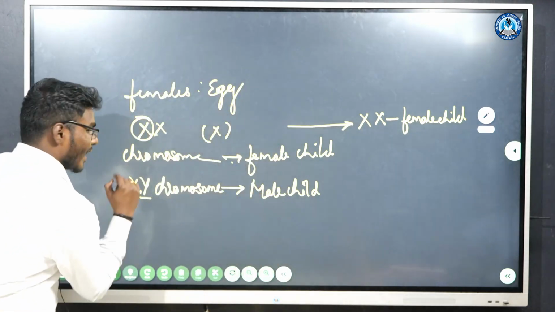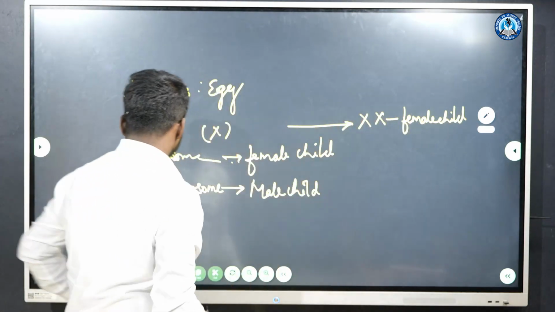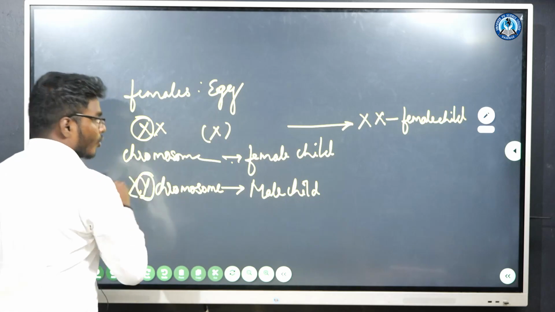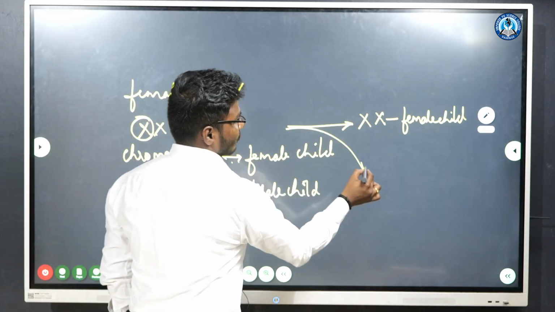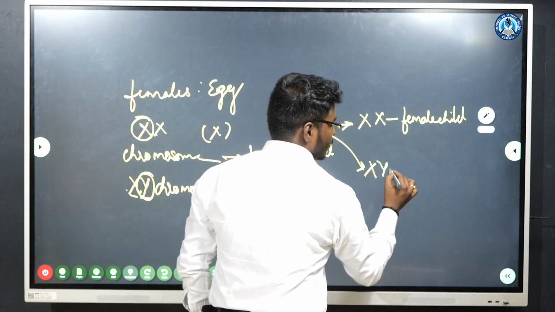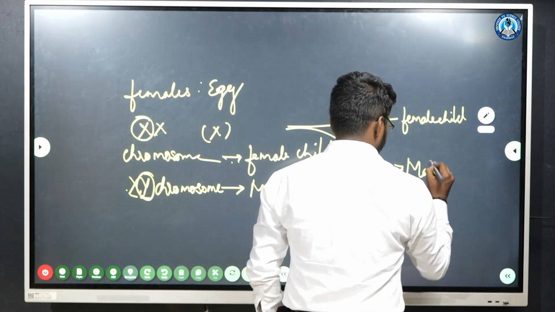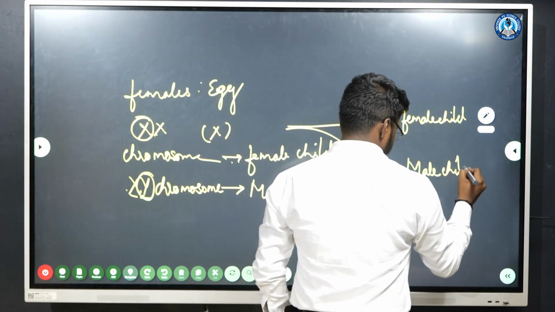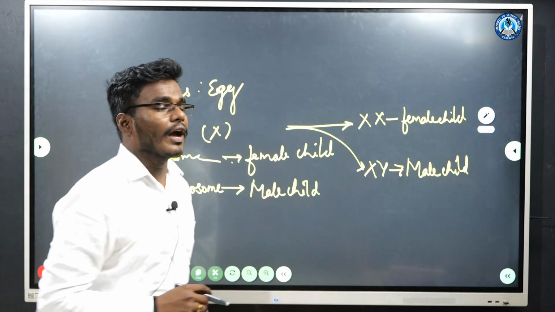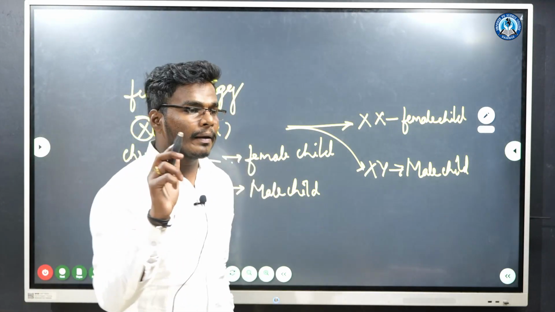If the male gives his X chromosome, then the resulting child will be a female child. If the male gives the Y chromosome, and again the female gives 1 X chromosome, then the baby will be male. So this is how we discuss the gender of the baby.